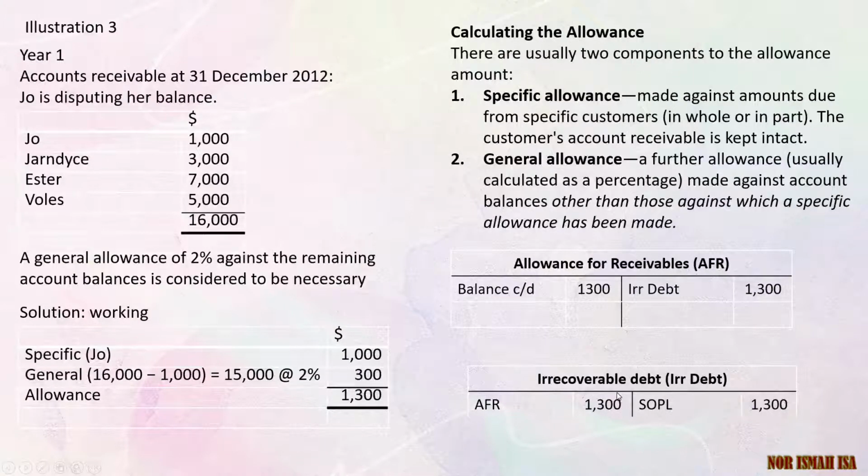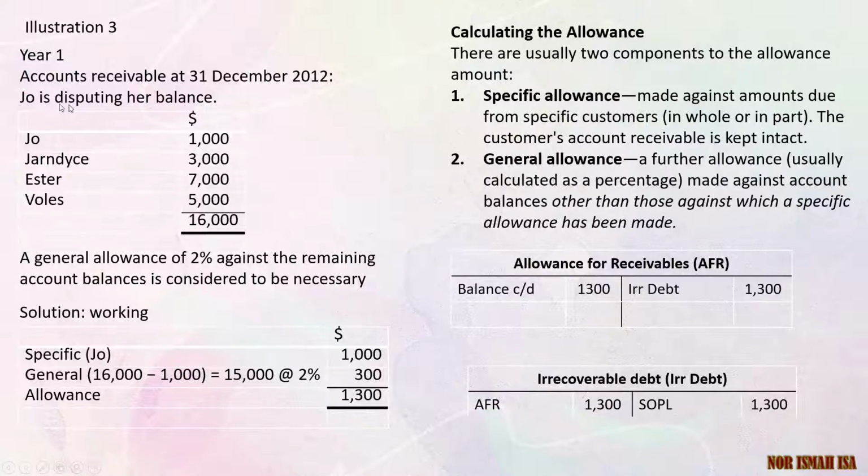Now let's go further with this question. This is account receivable. We have four account receivables: Joe, Jandis, Esther, and Walls. The total amount of receivable is 16,000. So at the end of the year, a general allowance of 2% against the remaining account balances is considered to be necessary.